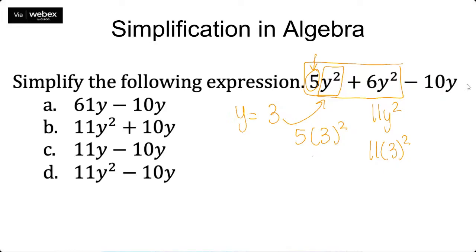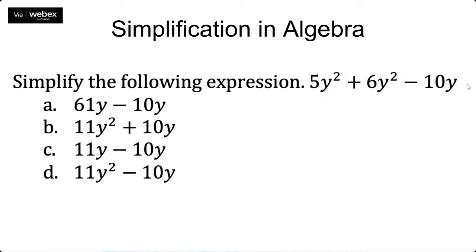Crystal's saying exponents come before multiplication. So make sure you check which ones have the exponents, but we don't have to multiply them. If it was 5 squared, the square would be on the opposite side of the y. Okay, I got it now.